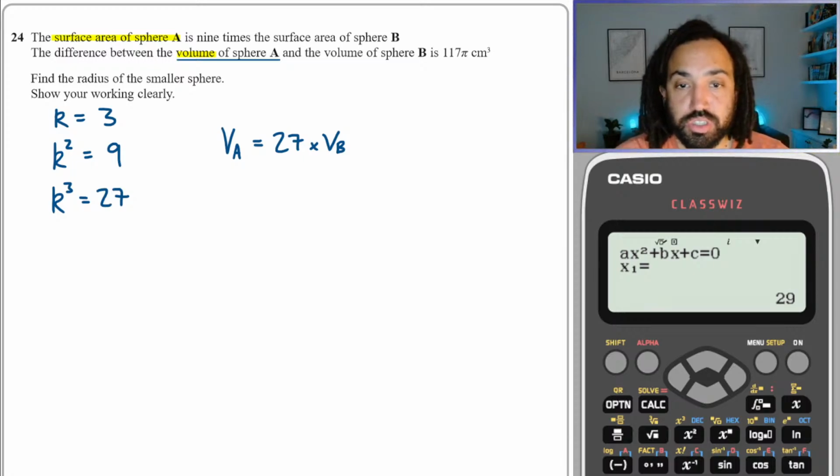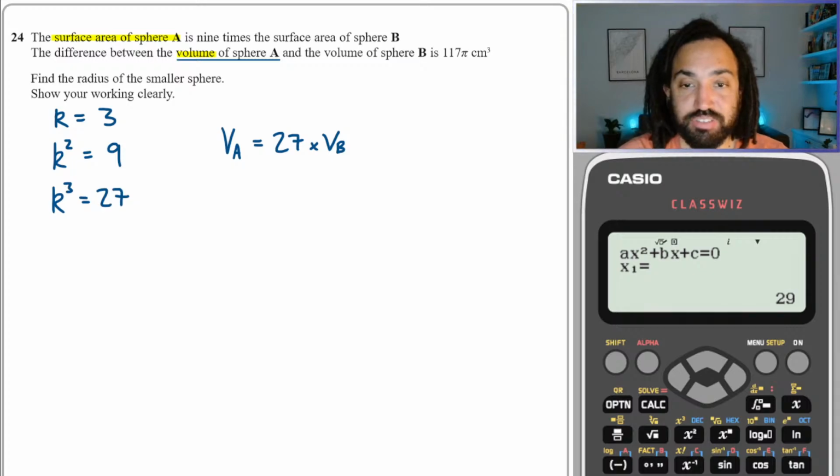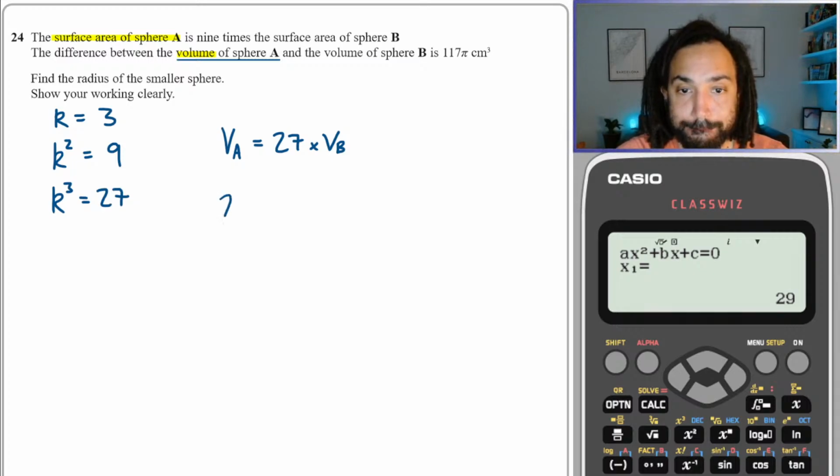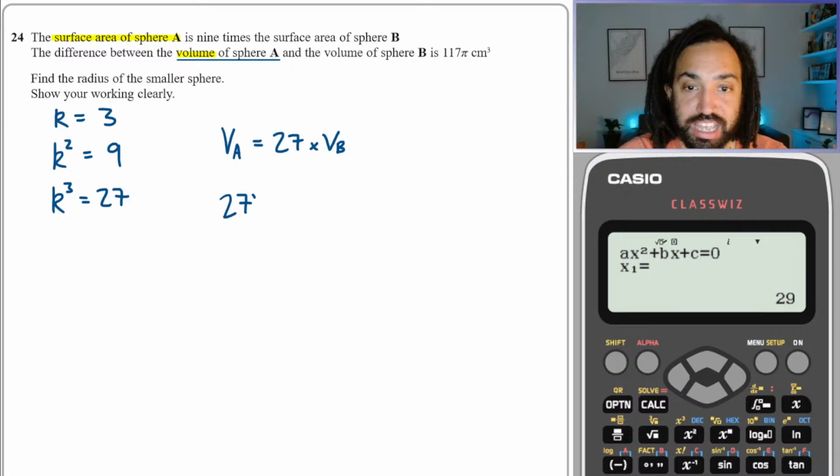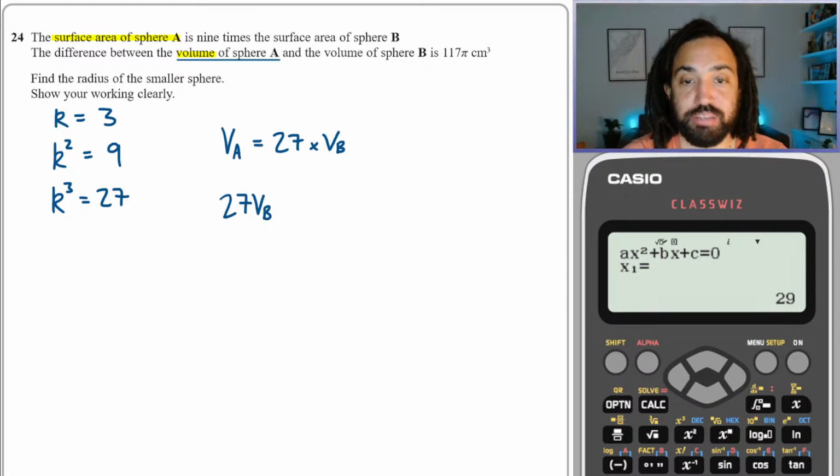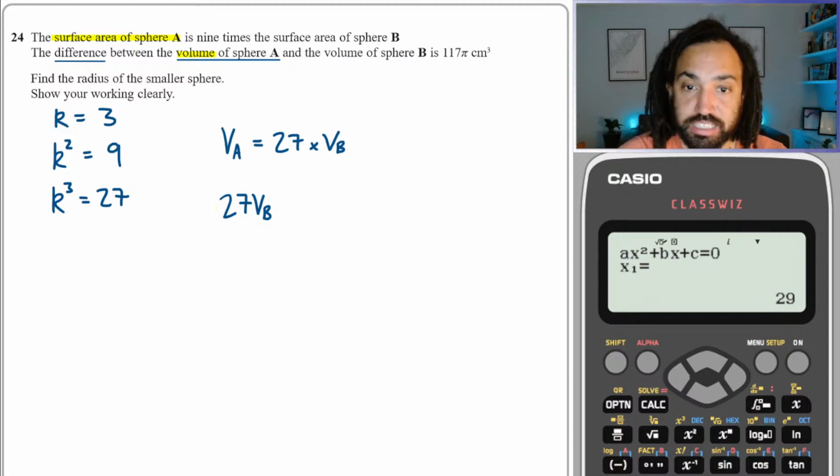Okay, so if the volume of A is 27 times the volume of B, it means you could say the volume of A is 27 VB. And if we're looking at the difference between the two volumes, if volume A is this, then I will need to subtract volume B, and that should give me the difference.